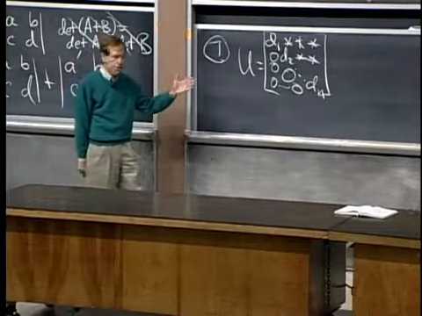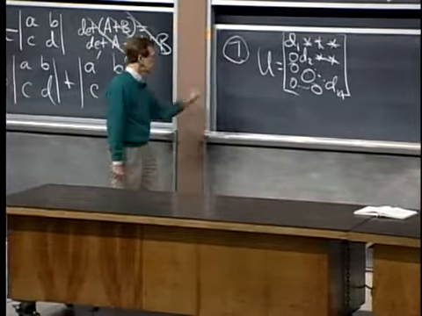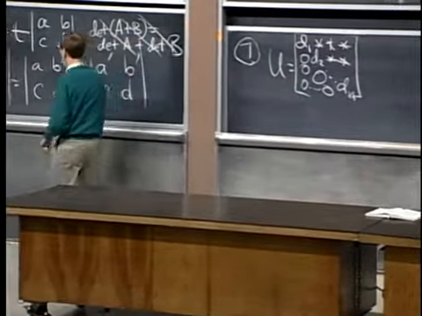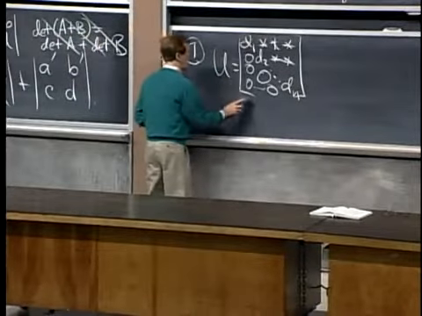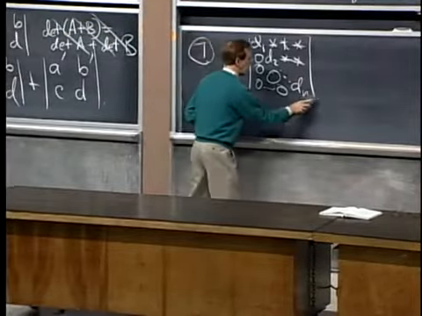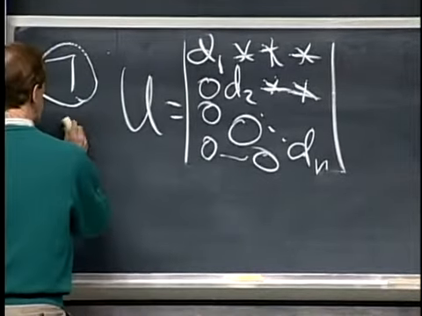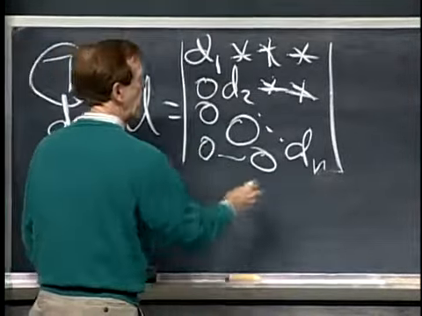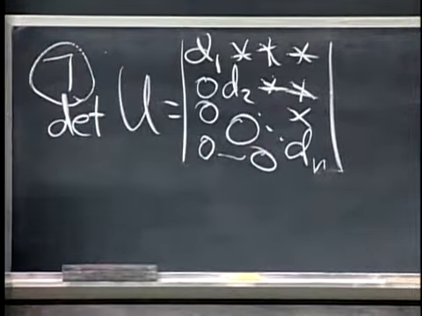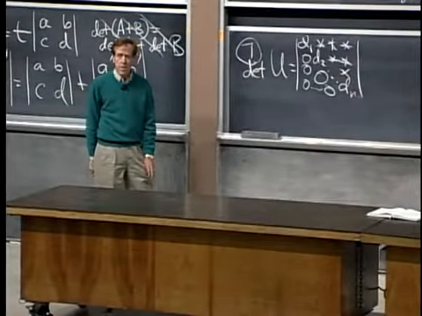Because elimination will get me to this. So once I'm here, what's the determinant then? Let me use an eraser to get that vertical bar again, so that I'm taking the determinant of U. So what is the determinant of an upper triangular matrix? Do you know the answer?